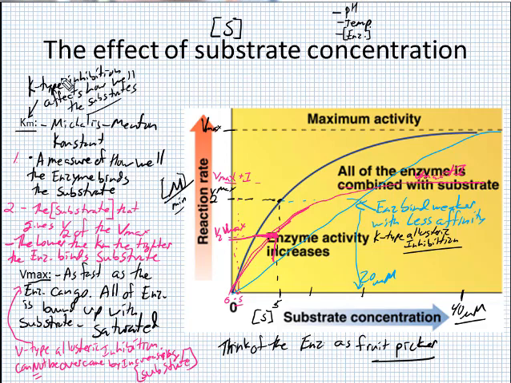However, with the K-type, that's this blue line here, it affects how well the enzyme binds, but if you add enough substrate, you can still get up to Vmax. So this K-type can be overcome by increasing substrate concentration.